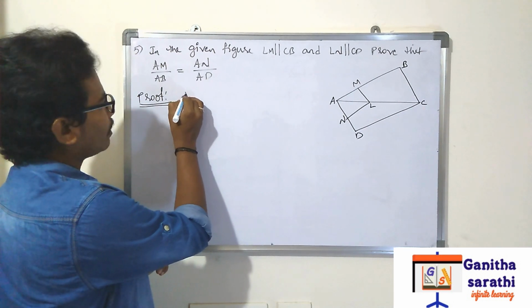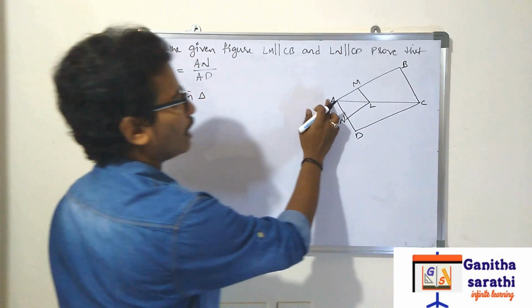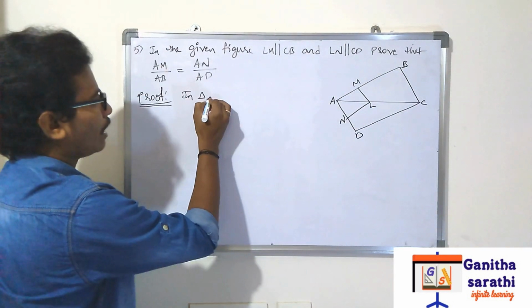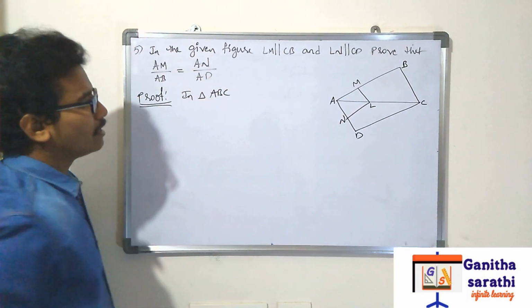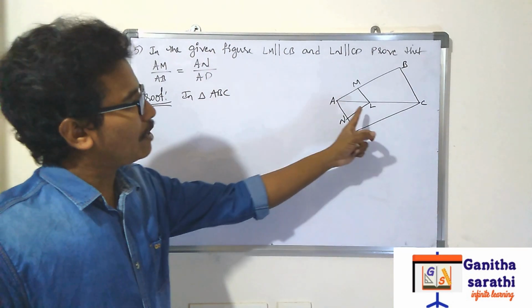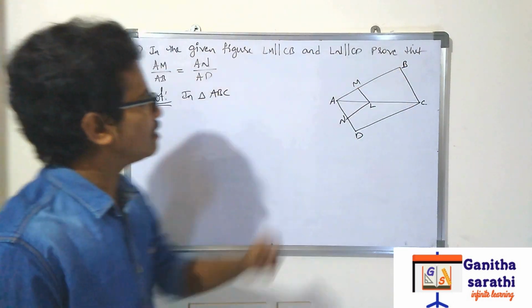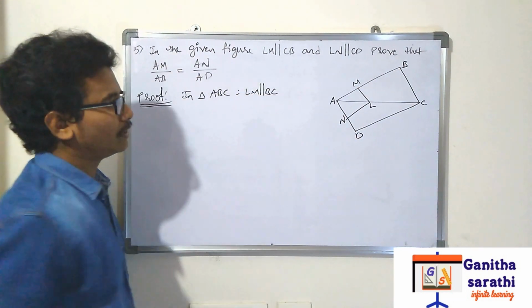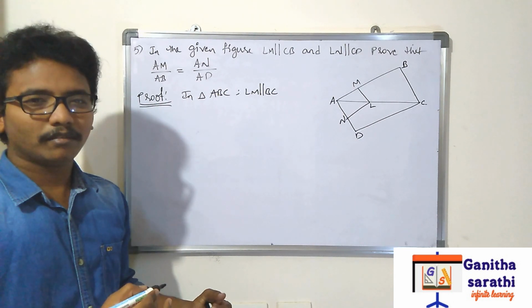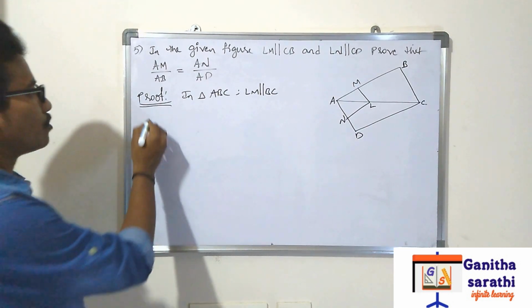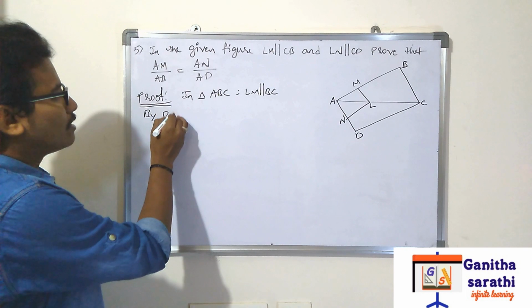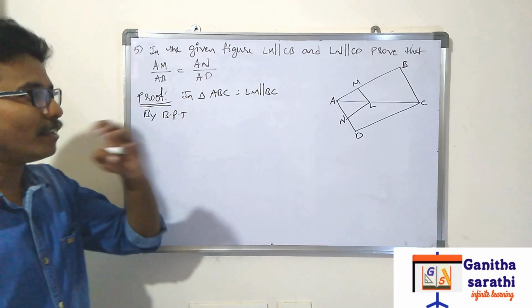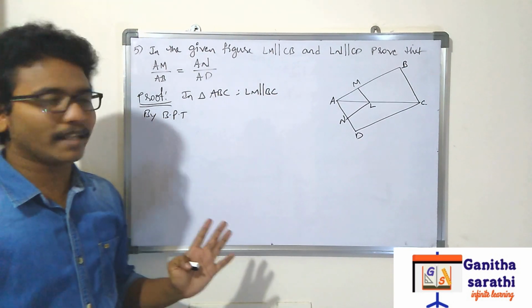In the given figure, in triangle ABC, LM is parallel to BC. Again by using BPT, the basic proportionality theorem: if one line is parallel to one side of a triangle, then the other 2 sides are divided in the same ratio.